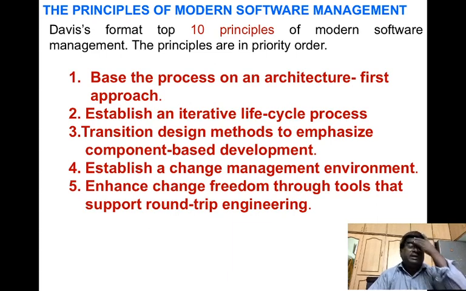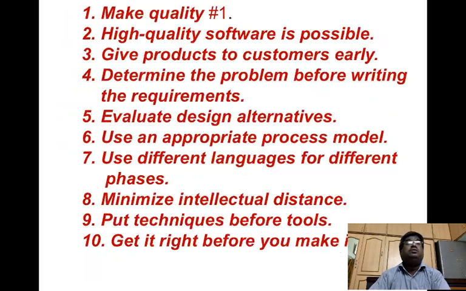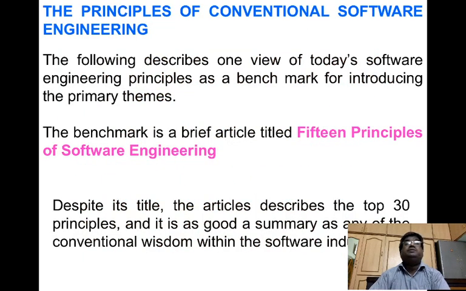So in second unit part B, we mainly focused on the principles of conventional software engineering. Whatever principles were followed in the 1980s to 1990, that decade of ten years, are called conventional software principles.